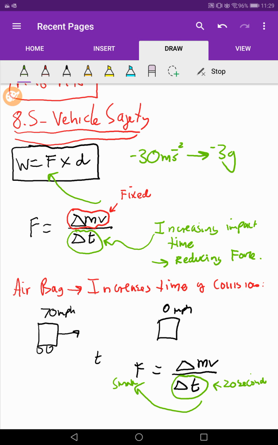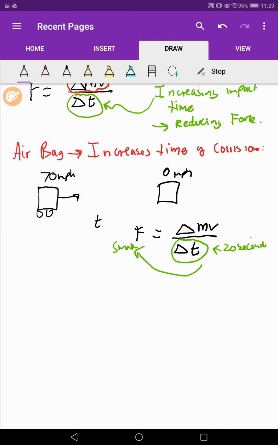Now you try going from 0 to 70 in like 0.5 seconds. What about going from 0 to 70 in 0.1 seconds? If you went from 0 to 70 in 0.5 seconds, that would actually be 40 times the force from doing it in 20 seconds. So you kind of see how this works. So we need to increase the impact time.